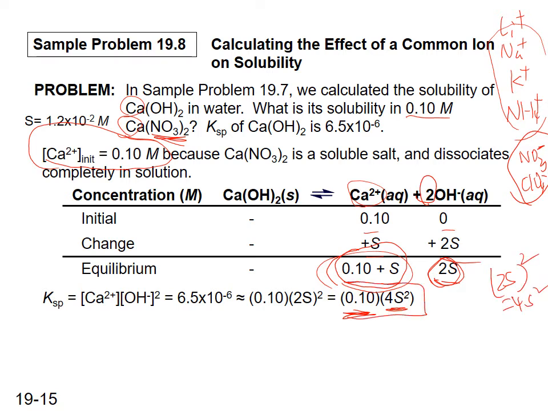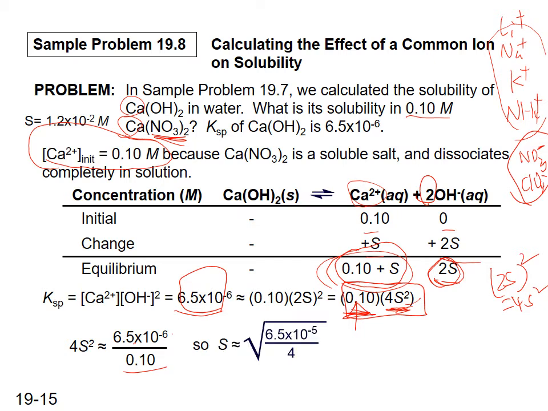And this equals the Ksp constant, which is 6.5 times 10 to the minus 6. Rearrange, and we can calculate S. So here, 4S squared equals 6.5 times 10 to the minus 6 divided by 0.1, which goes to the left side. So you get this one.